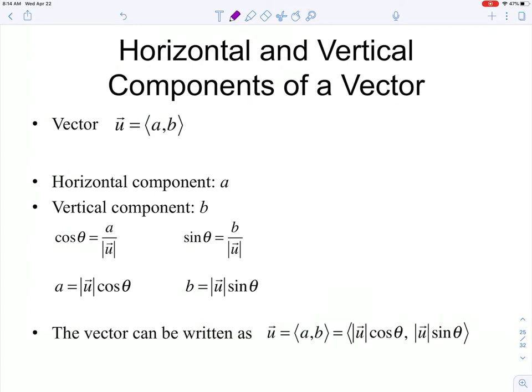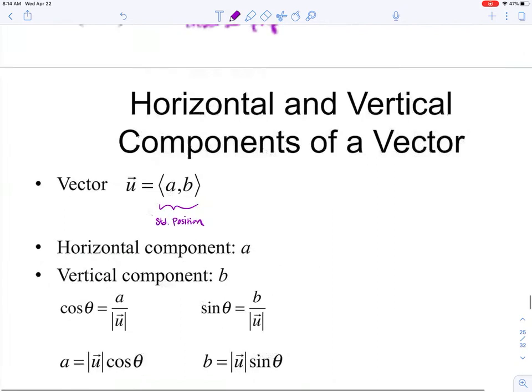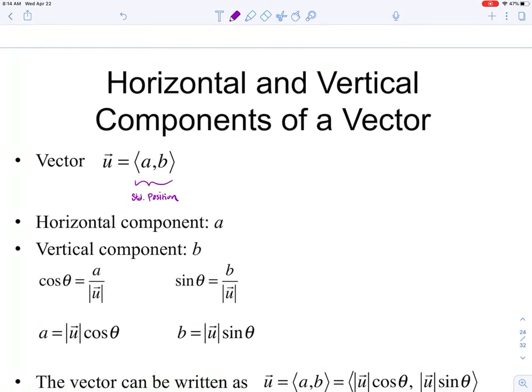Okay, so we've already talked a little bit about horizontal and vertical components of a vector. So a vector that's in standard position, and you know that from the pointy brackets, meaning the initial point of the vector is at the origin, and that a comma b is going to be where the vector terminates.